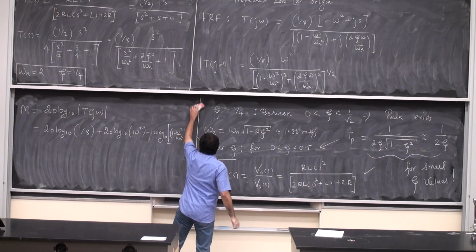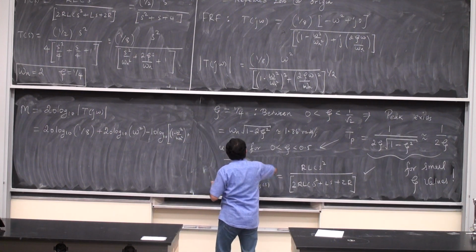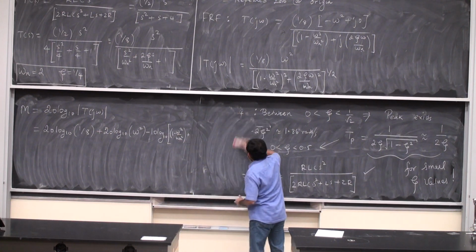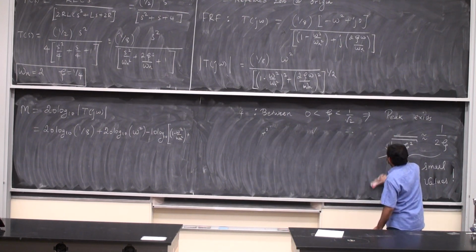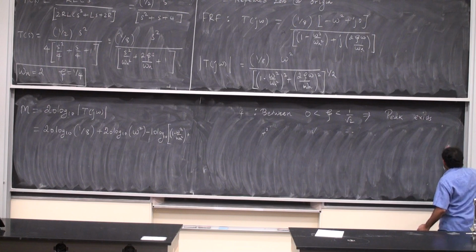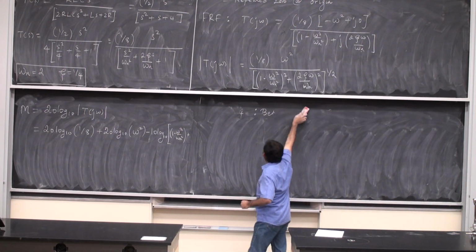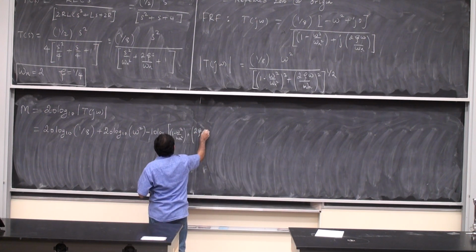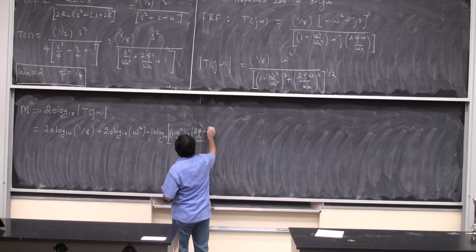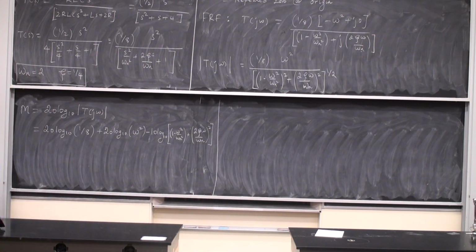plus all of the rest of it, 2 zeta omega by omega n whole square.